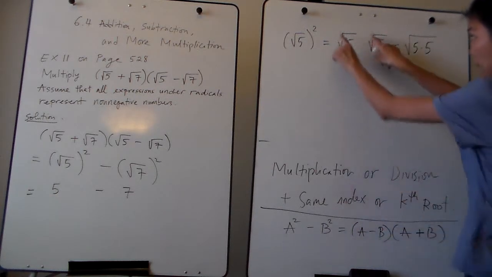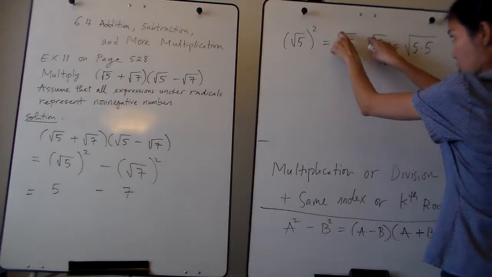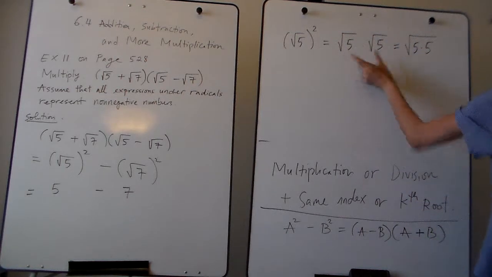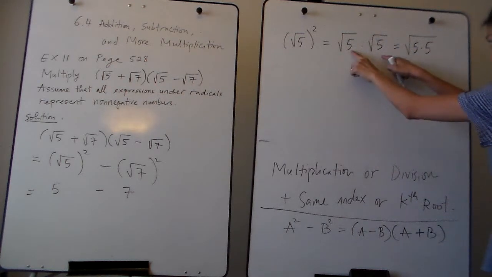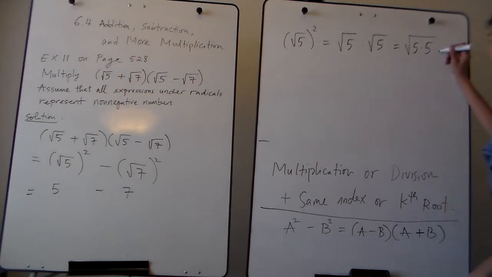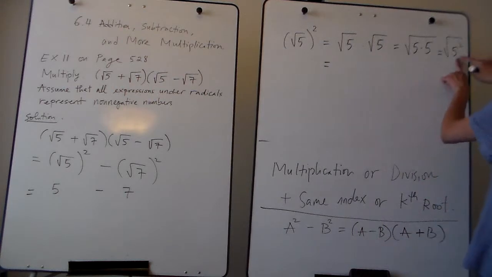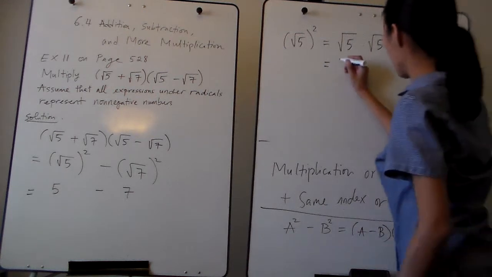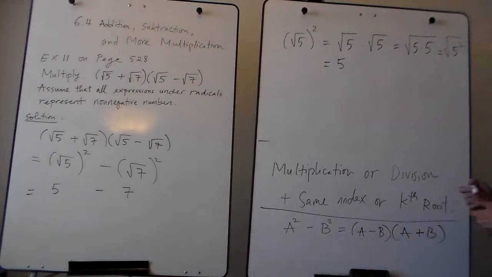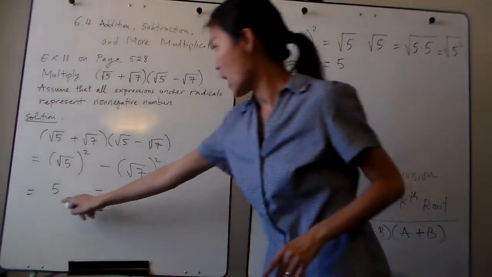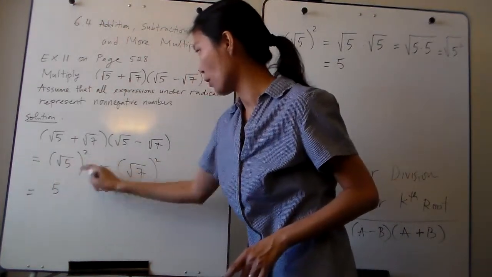The two have index 2, so you can combine them and multiply the radicands. So you have square root of 5 squared, and because the exponent 2 matches the index 2, you can simplify by moving the 5 outside of the radical, which is 5. And that's what we got here: square root of 5 squared is 5.